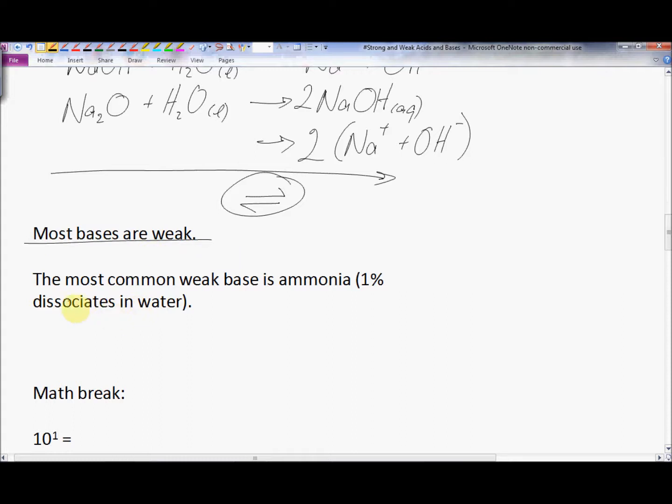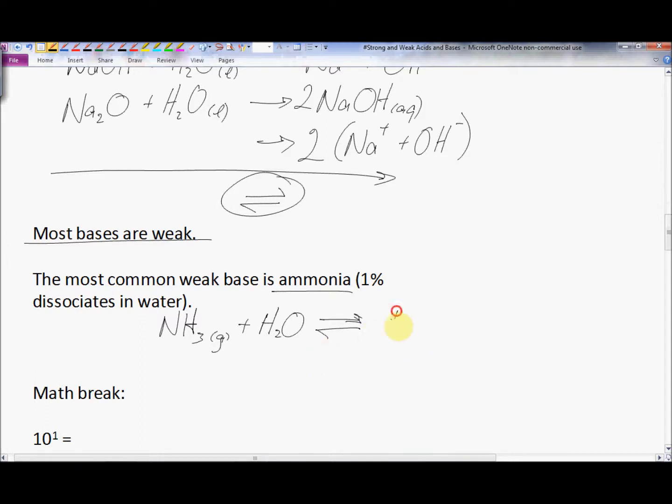So the most common weak base, we've talked about this one, is ammonia. 1% of it dissociates in water. You remember that's ammonia. It comes as a gas, gets together with water, and we end up with a little bit of a forward reaction, but a little bit of a backward reaction as well.